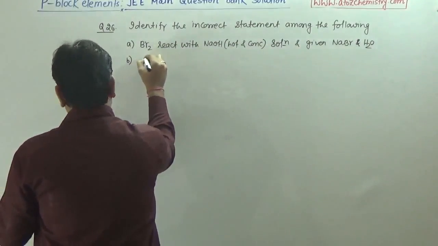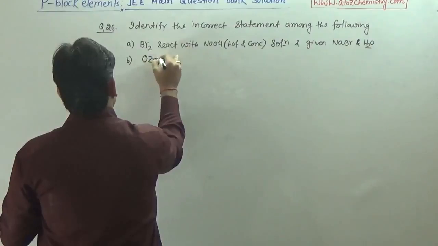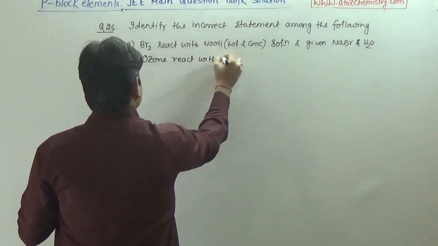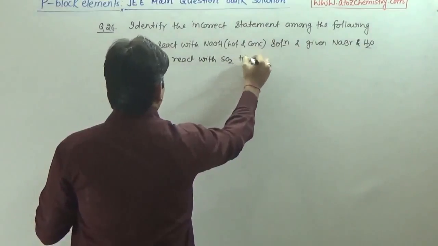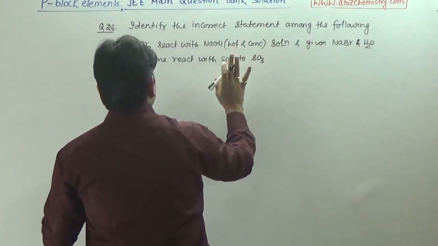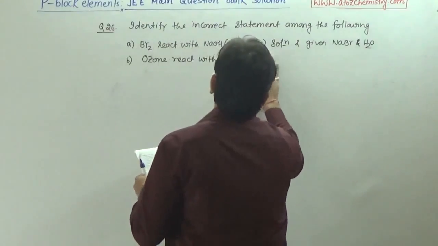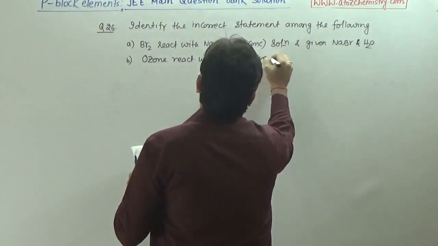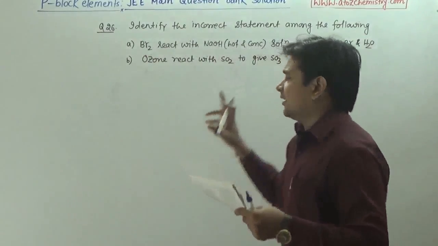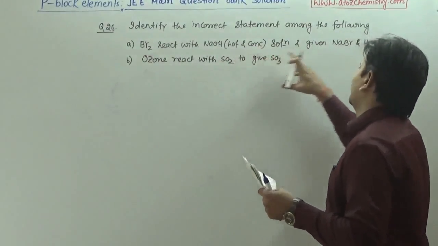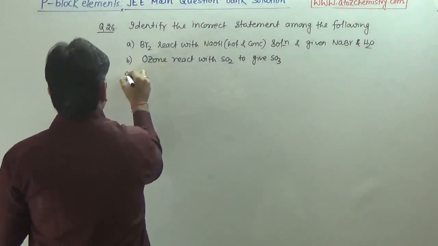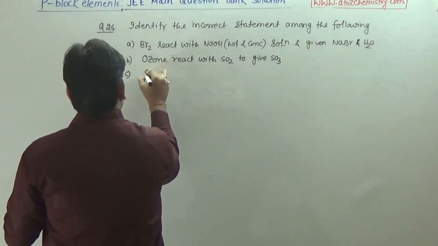B option: ozone reacts with SO2 to give SO3. This is correct. If you look at option A, that is partially correct. The correct statement would actually be NaBr plus NaBrO3 plus water. In this question, NaBrO3 is not given.